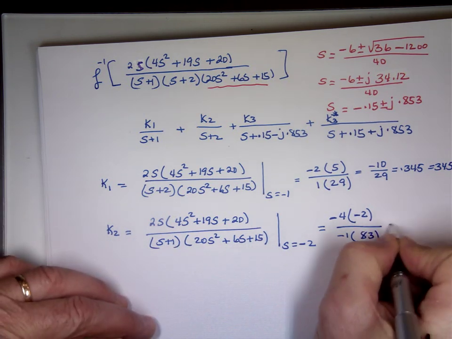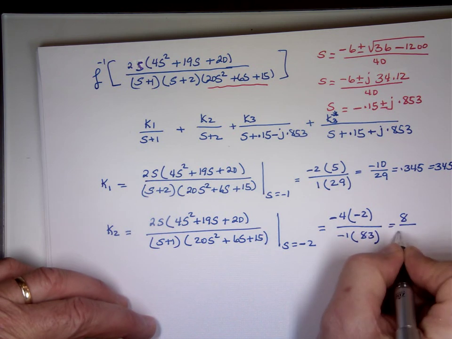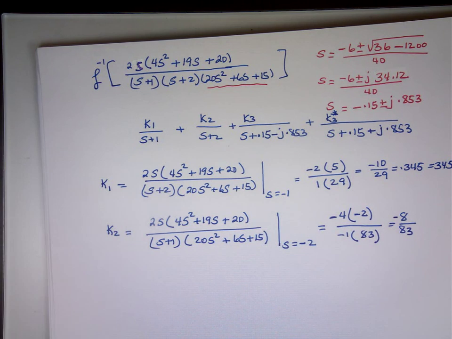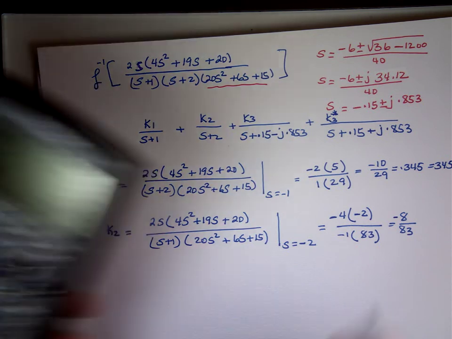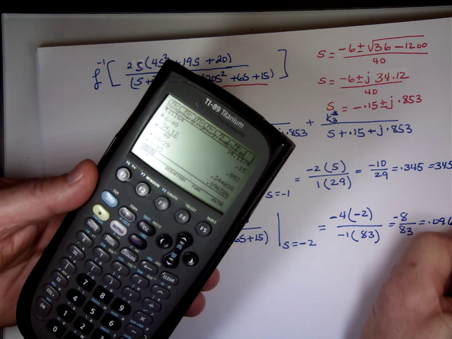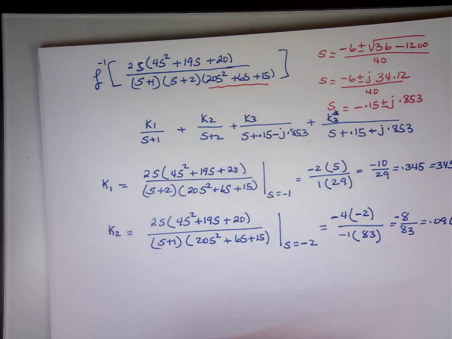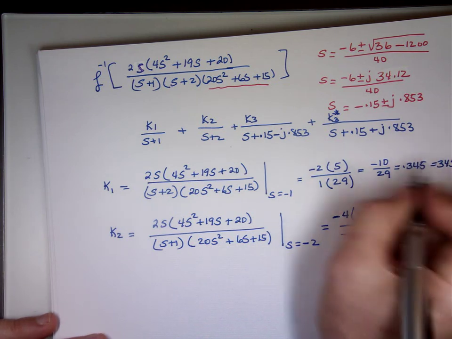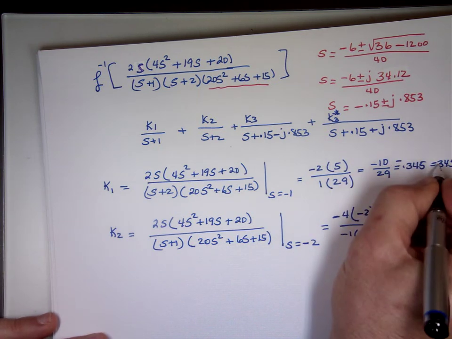That's -8 over 83, 0.096, or 96 milli. Negative, right? Don't forget the negative. I forgot the negative sign here too.